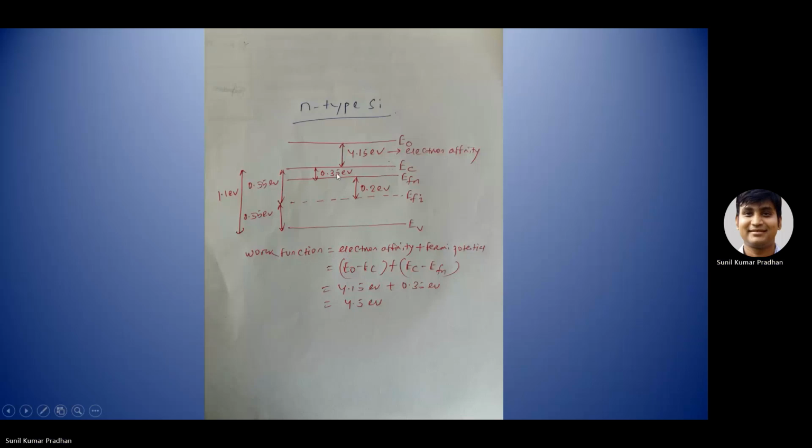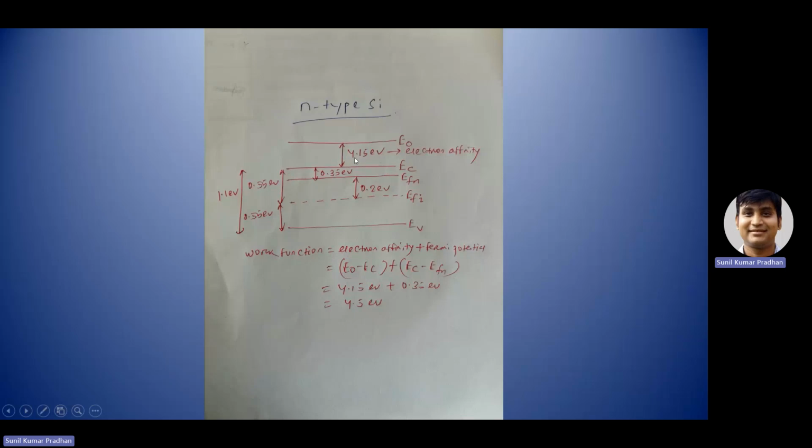Now from the conduction band to the free space, it is 4.15 eV, and the intrinsic Fermi level is placed just between the conduction and valence band, so it is 0.55 eV. Then between the Fermi level of n type and the conduction band, it is 0.35 eV, because 0.55 minus 0.2 is 0.35 eV.